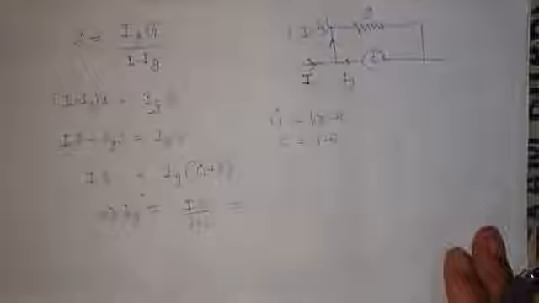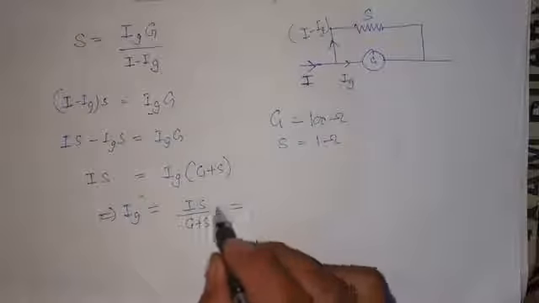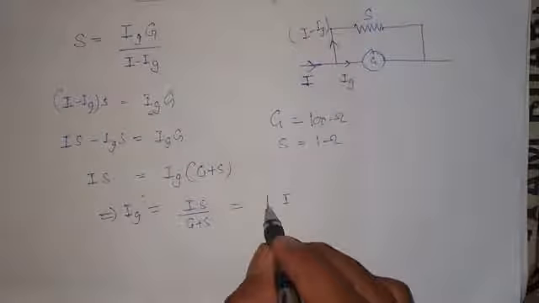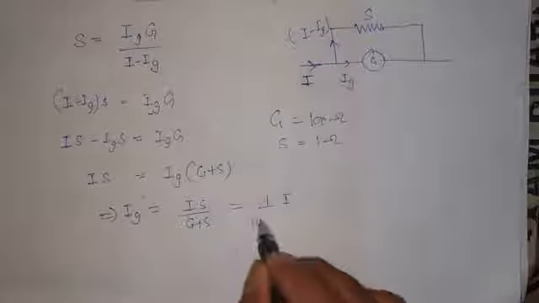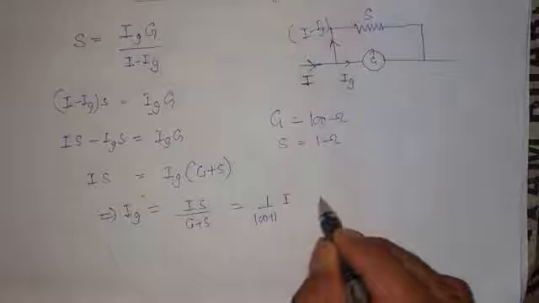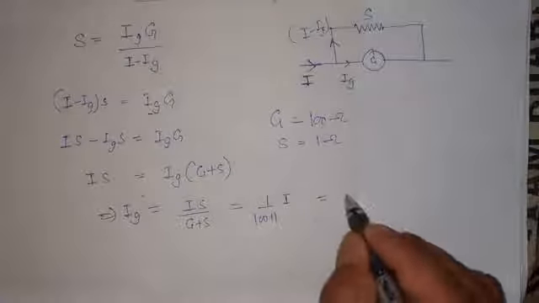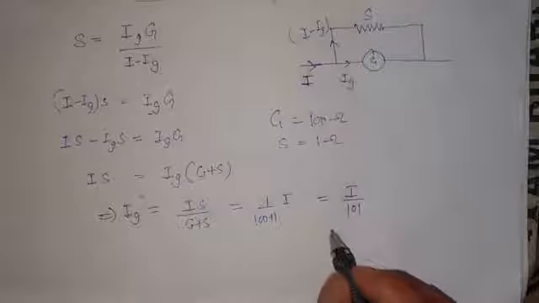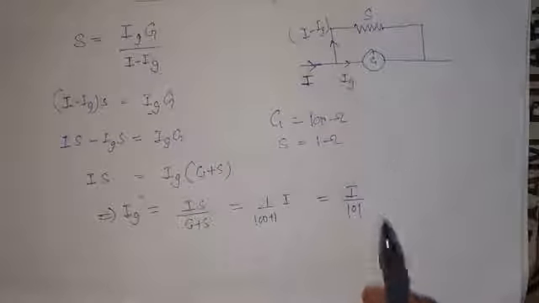So we get, as I value we do not know, but S is 1 upon 100 plus 1. Okay, so this is simply I upon 101. This is the current which is flowing through the galvanometer.